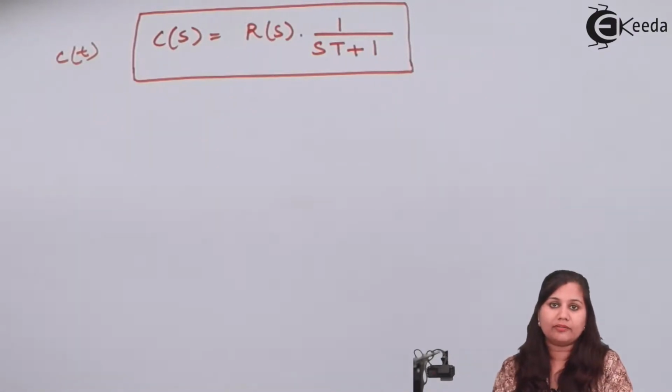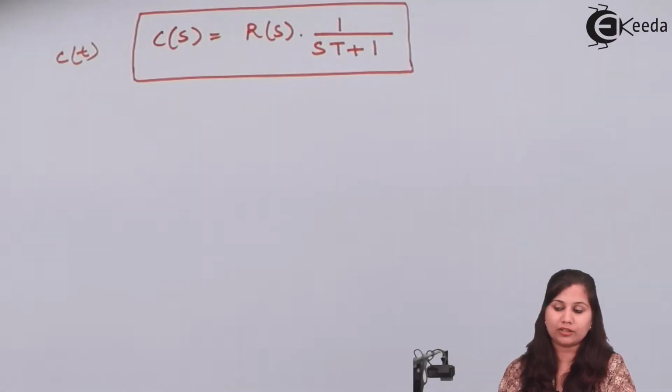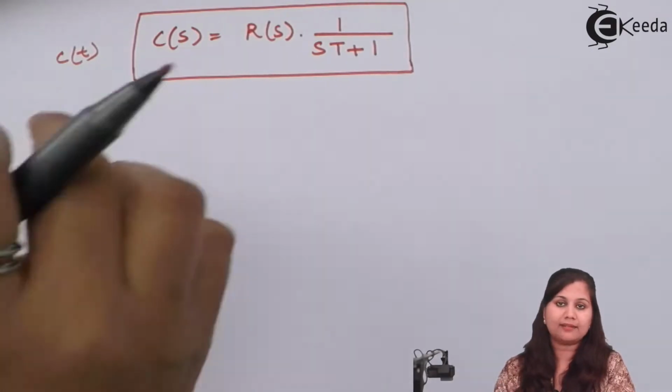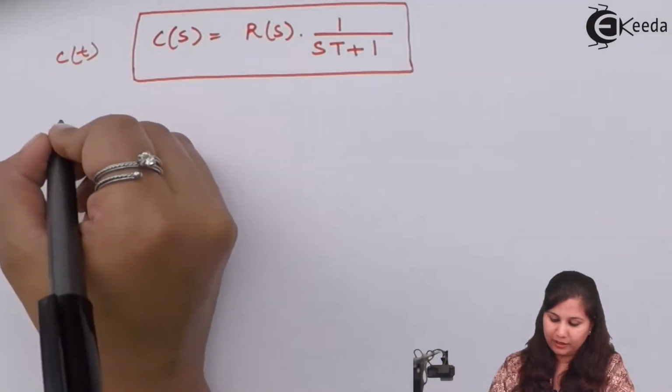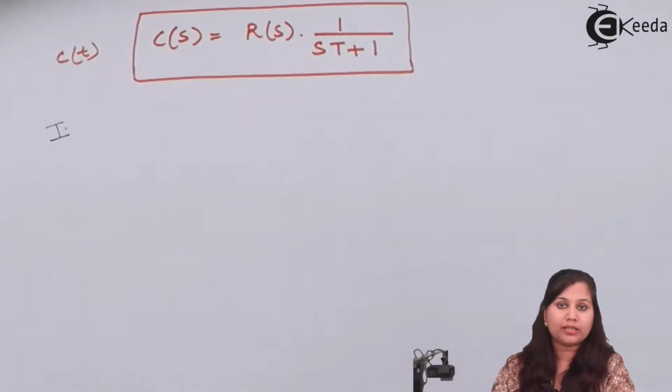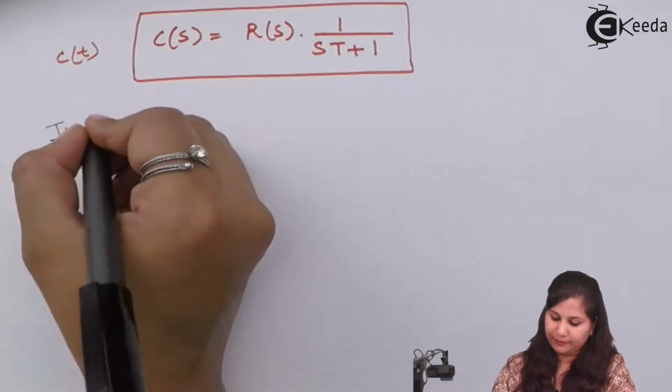So here we are going to take different types of input test signals like unit step function, unit ramp and unit impulse function, and for those input test signals we are going to find out the output response. So first we will take the input as a unit step function.